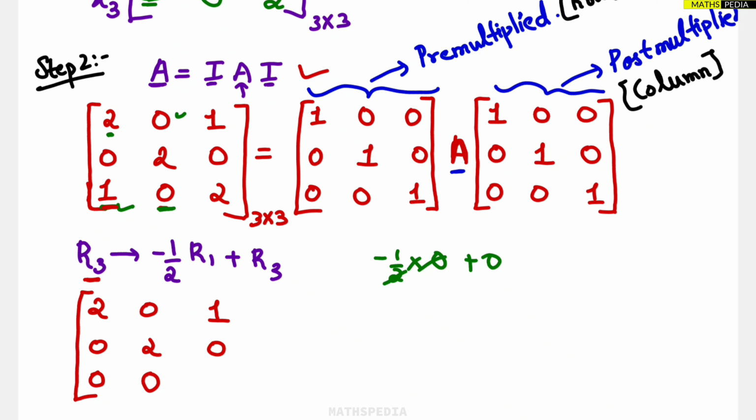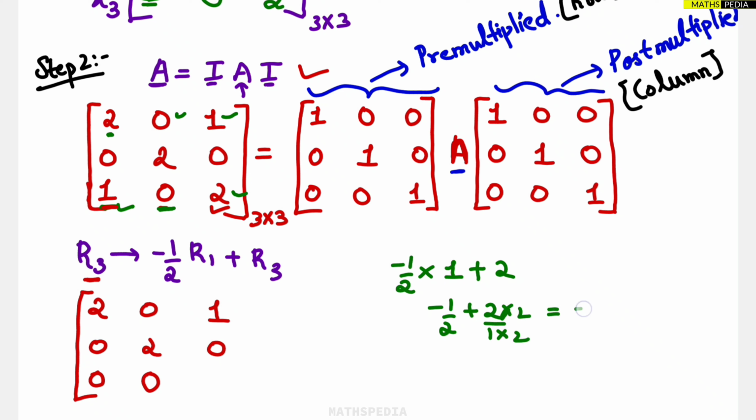Okay, 0. Next, coming to 2. What happens to 2? Minus half of R1. What is R1? 1, plus what is R3? 2. So this becomes minus 1 by 2 plus 2, right? So take the LCM. It will become minus 1 plus 4 by 2, which is 3 by 2.